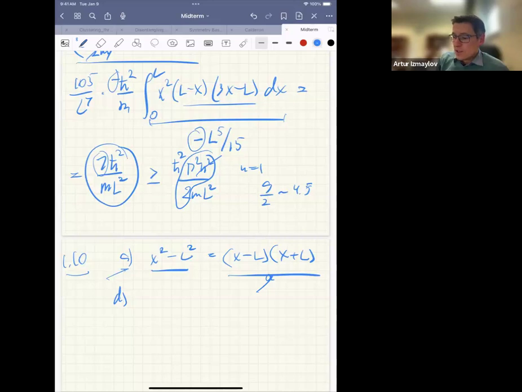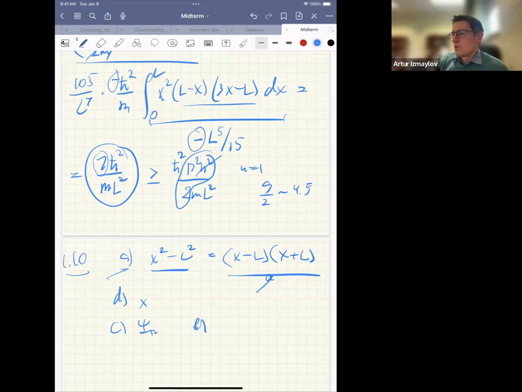Now, the D item needs to be different, and it could be as simple as just x, right? Because x is not a good function. It doesn't satisfy boundary conditions. Now, C, what is a good function? You could just say an eigenstate, psi n.